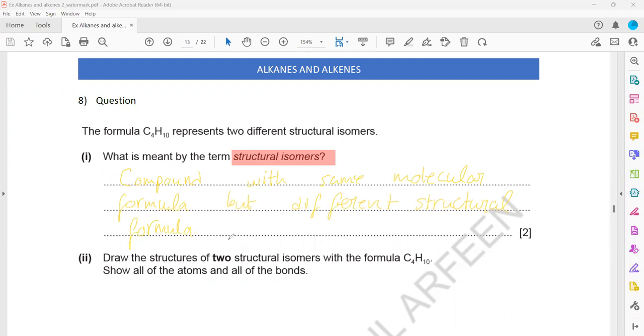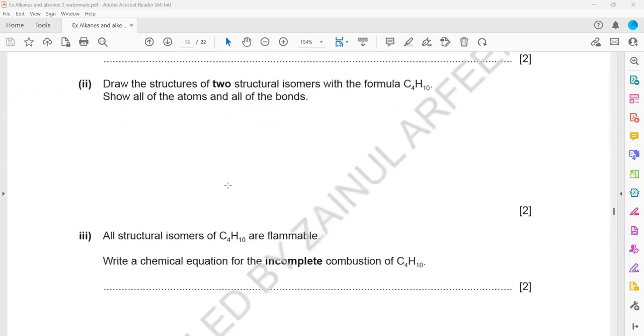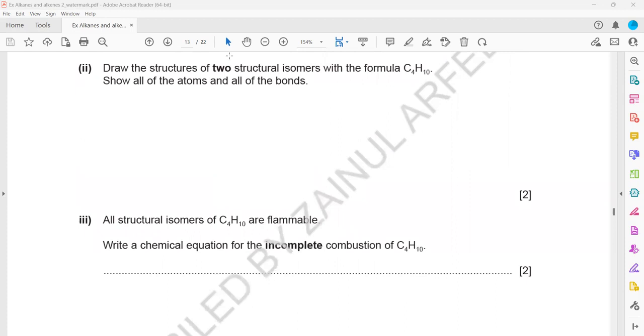Then you have to draw. We can draw butane and 2-methylpropane. This is an alkane, so propane will be there. That's right. So C4H10. You have to show all the atoms and all the bonds.